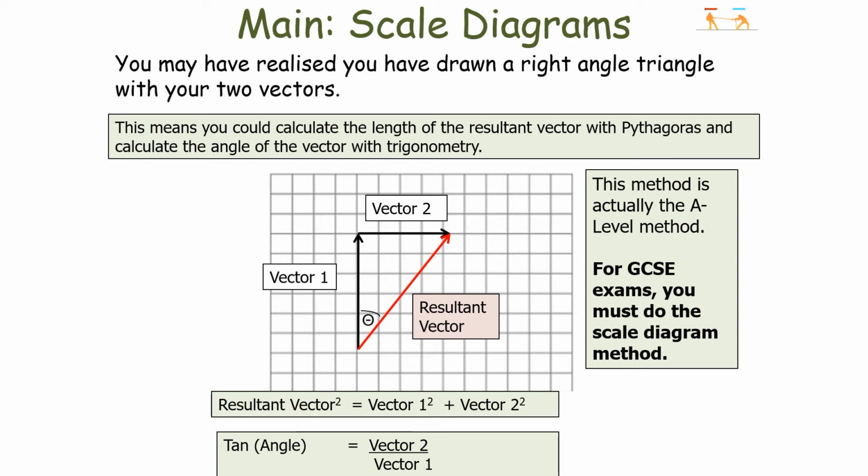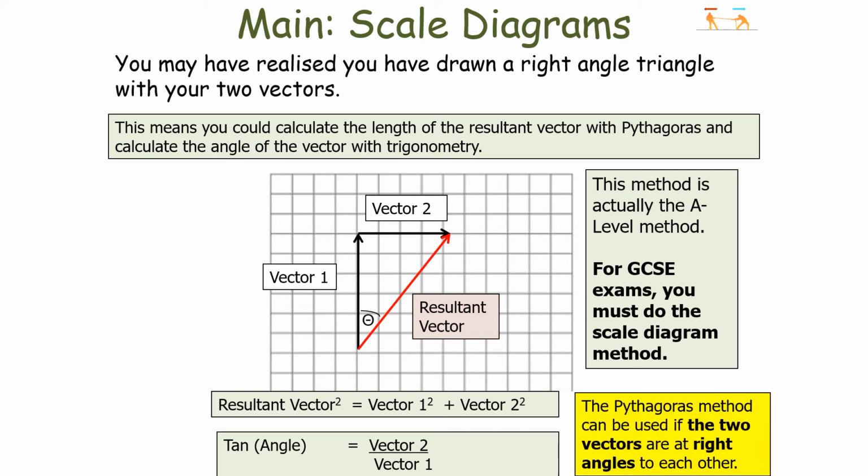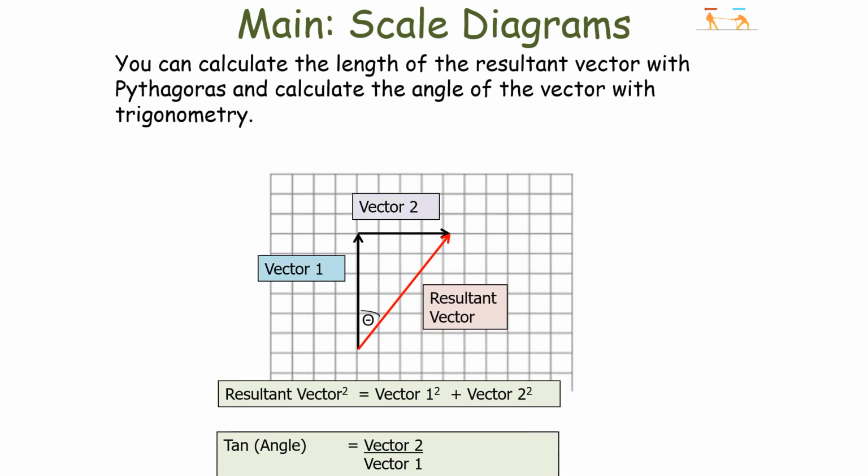Now this method is actually the A-level method because for GCSE examinations you've got to draw the scale diagram to get the full marks, but you can work out the resultant vector by using the equation that resultant vector squared is equal to vector 1 squared plus vector 2 squared, and the tan of the angle is equal to vector 2 over vector 1. But remember, this Pythagoras method can only be used if the two vectors are at right angles to each other.